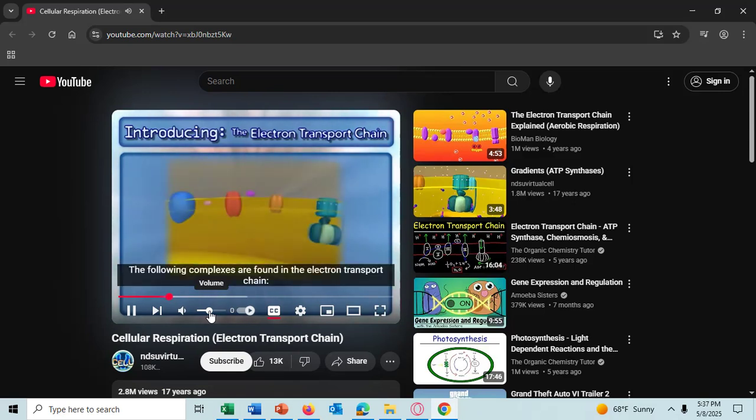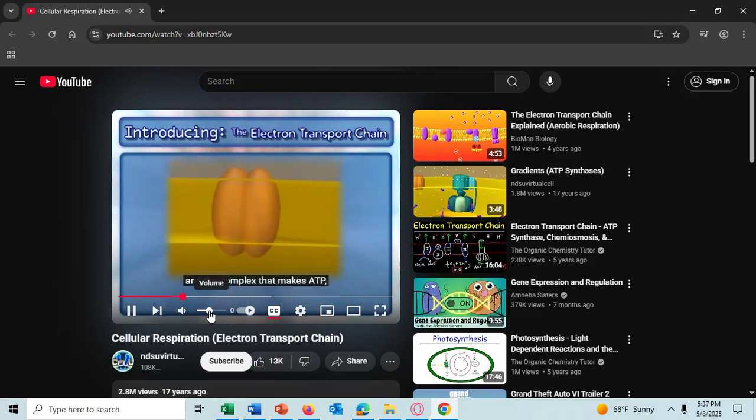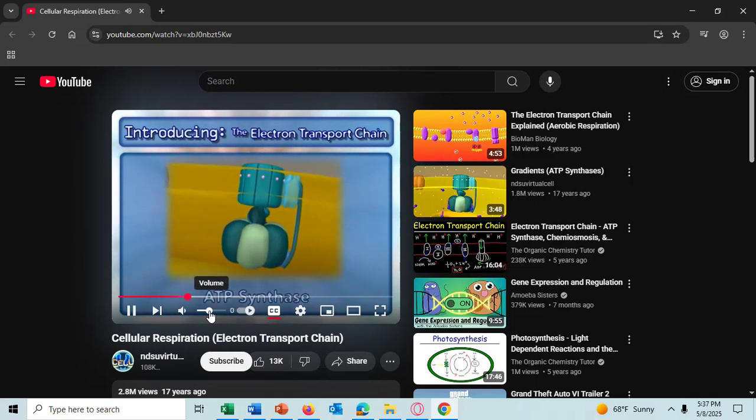The following complexes are found in the electron transport chain: NADH dehydrogenase, cytochrome BC1, cytochrome oxidase, and the complex that makes ATP, ATP synthase.